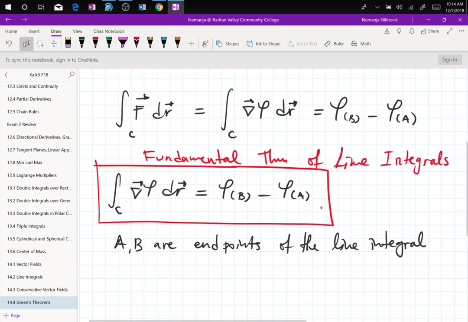So this is all built up on the old stuff. And now we would like to take a look at the fast way of computing line integrals.